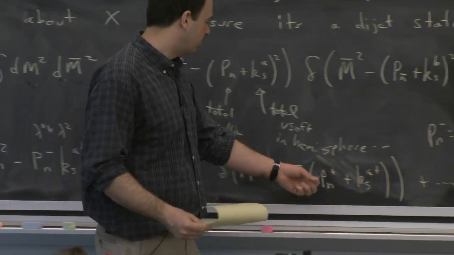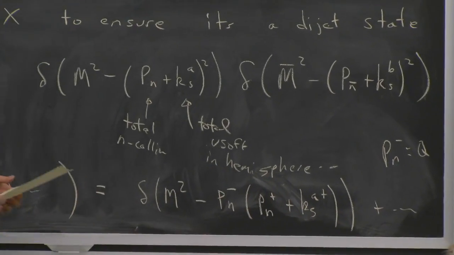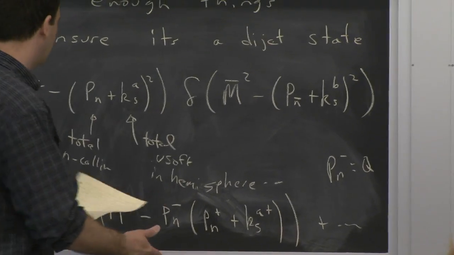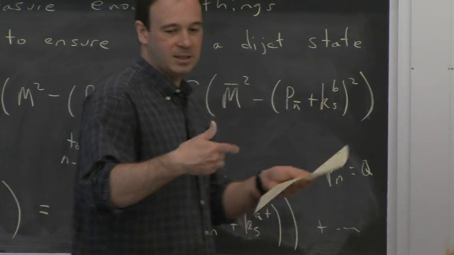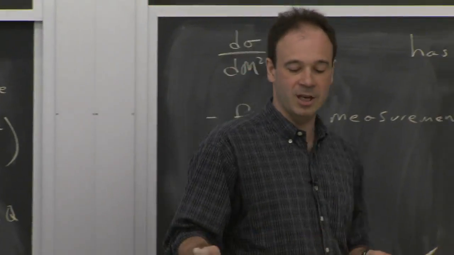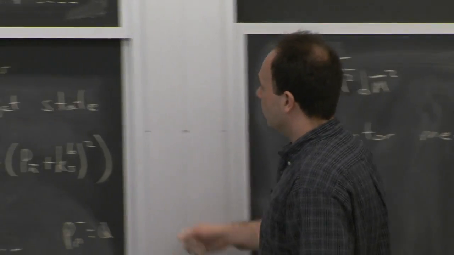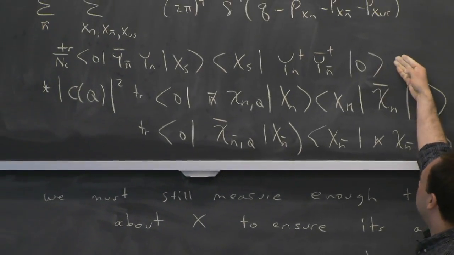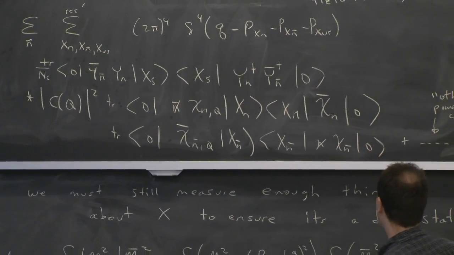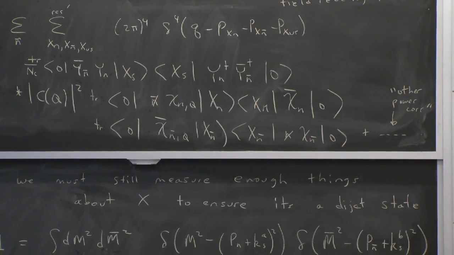So this measurement here involves a sum of a plus momentum in collinear and a plus momentum in soft, and it's all in one delta function. We'd like to write it as separate delta functions that we can associate with those different parts here. We'd like to have a separate thing here from these guys. And that's actually very easy to do.